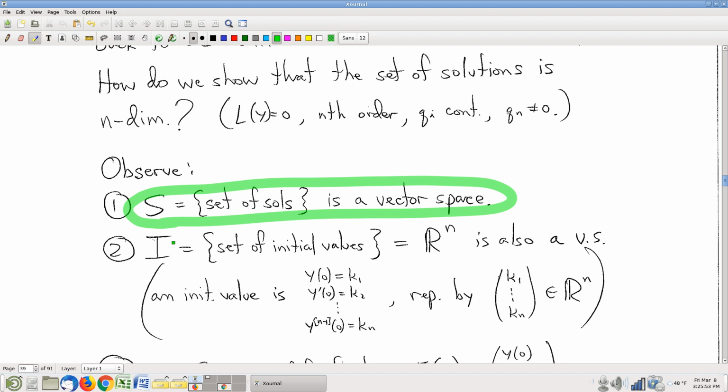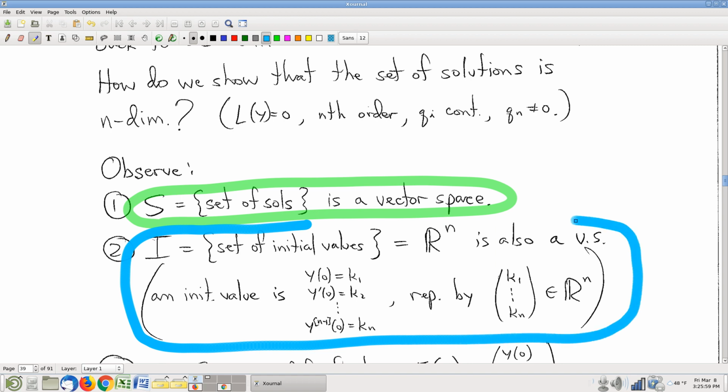Next vector space I want to talk about, the collection of initial values, or you might call them initial conditions. And recall that when you're looking at a differential equation, there's a bunch of solutions, but if you set initial values or an initial condition, consisting of the value of the function you're looking for, the value of the derivative, all at a single value of x, we call that an initial condition.